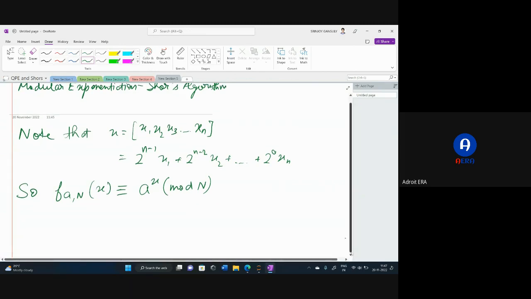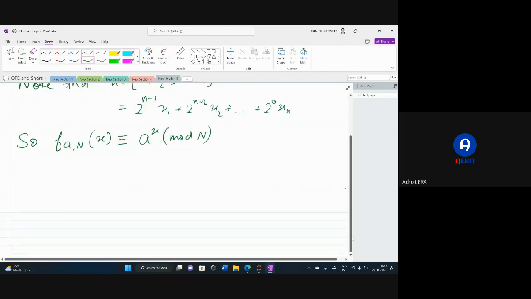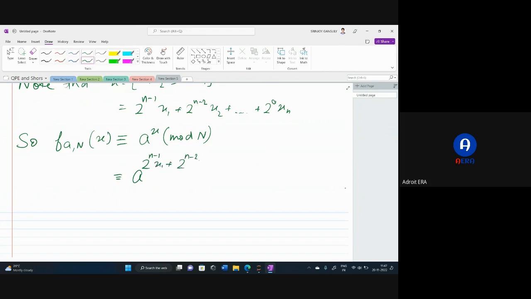therefore we are able to see that we will have a^x. X is what? 2^(n-1) x1 + 2^(n-2) x2, which we wrote, plus 2^(n-3) x3 and so on, up to 2^0 xn, right?